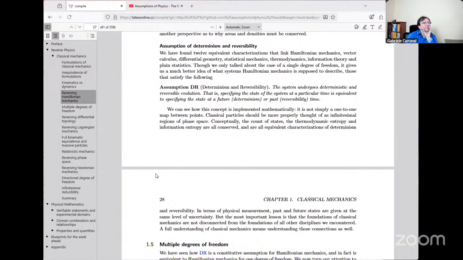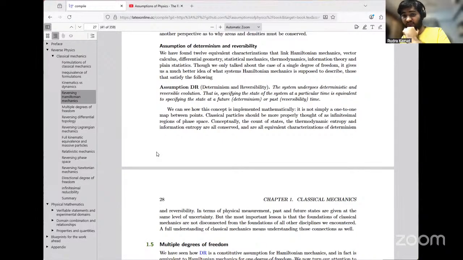We can see how this concept is implemented mathematically. It is not simply a one-to-one map between points. Classical particles should be more properly thought of as infinitesimal regions of phase space. Conceptually, the counter states, thermodynamic entropy and information entropy are all conserved, and are all equivalent characterizations of determinism and reversibility.